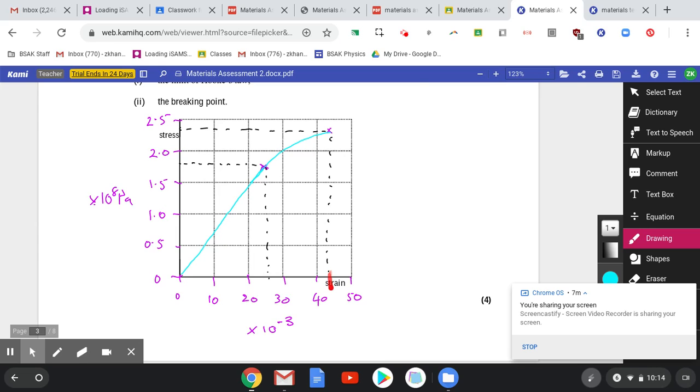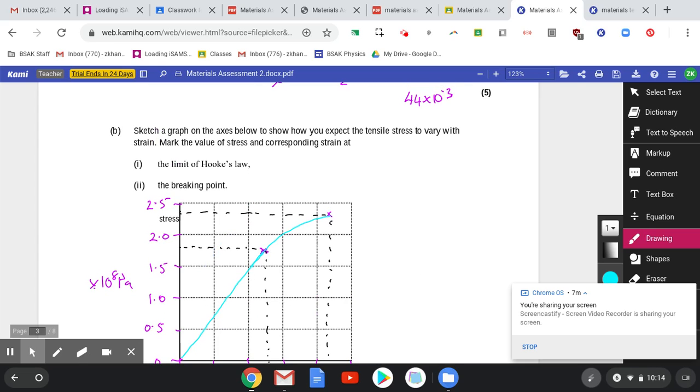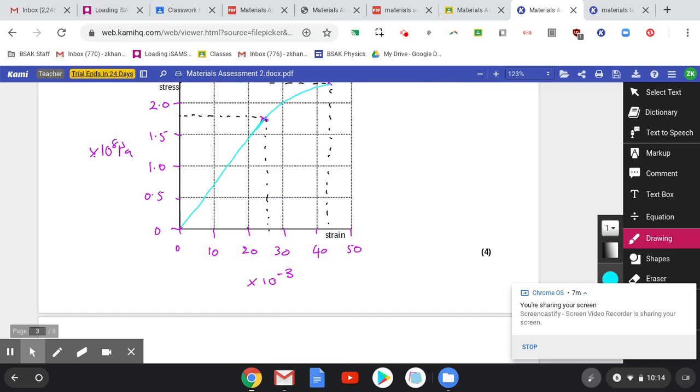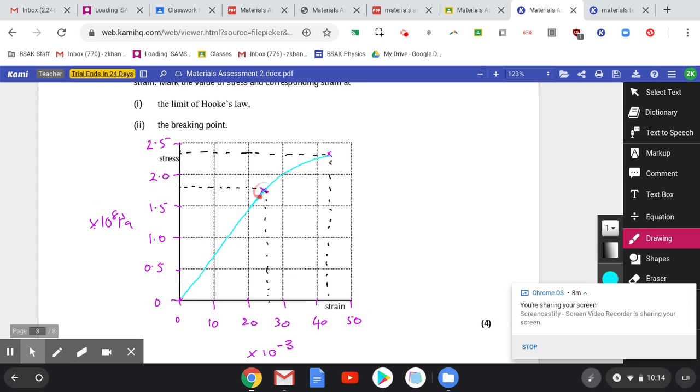So that's 44 times 10 to the minus 3, and there is 2.3 times 10 to the 8 pascals. So those are the 2 points I've plotted, and I know Hooke's law is obeyed up to this point, and I know this is the breaking point. That's where I've ended my line. And if this is the point where Hooke's law is obeyed, then beyond it, Hooke's law is not. So that's why I've curved it off here. Okay.